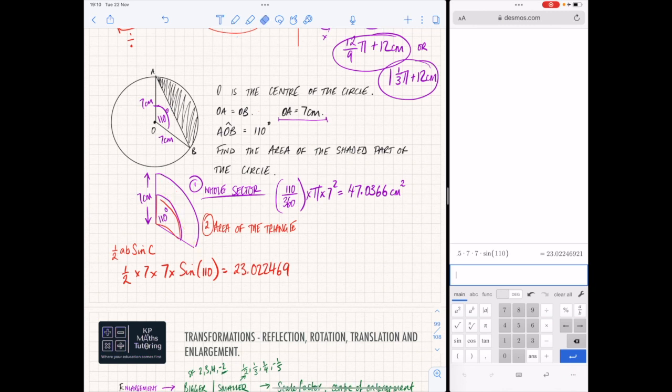What I'm basically going to do now is say I've got the whole thing. Let's imagine that I've got the whole thing here, which is that purple bit. So imagine all of that, which is 47.0366. Then I'm going to cut off this triangle here, which is what I've worked out in red.